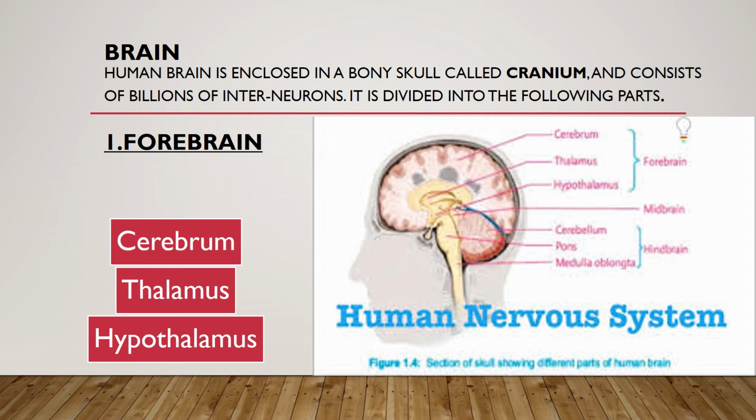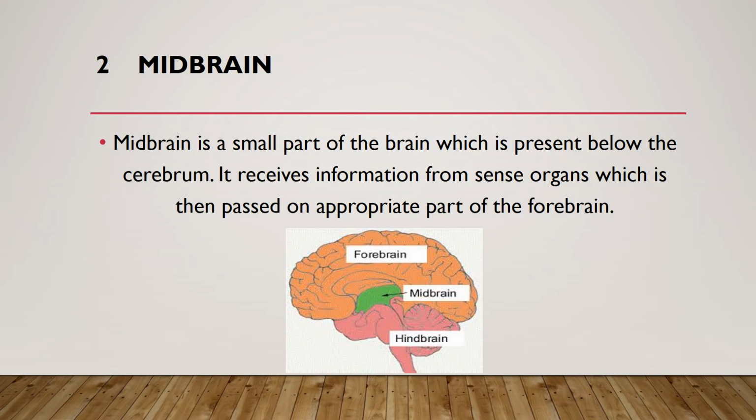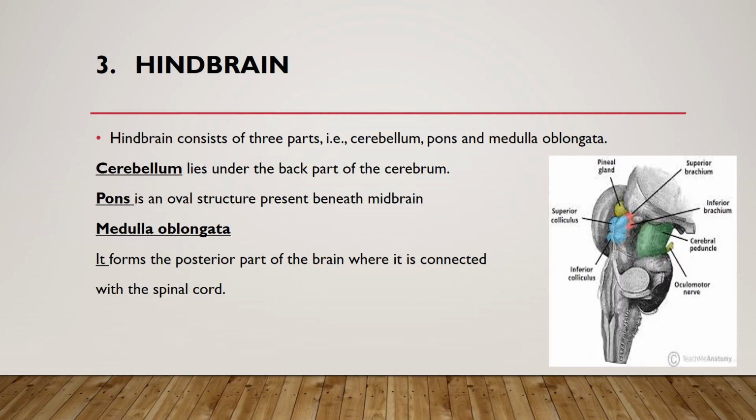It controls the body temperature, hunger, and thirst. Next is the midbrain. Midbrain is the small part of the brain which is present below the cerebrum. It receives the information from the sense organs, which is then passed on to the appropriate part of the forebrain.